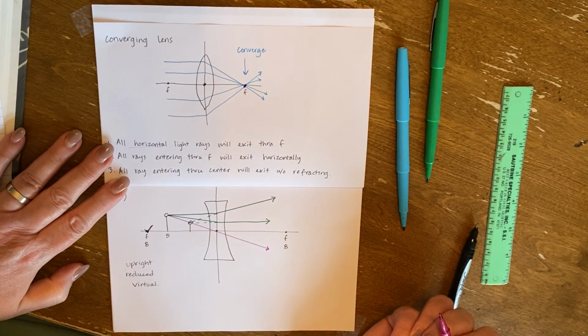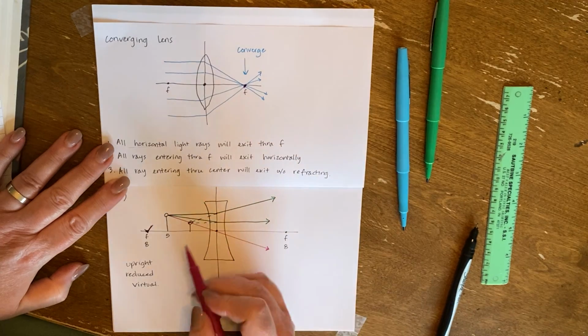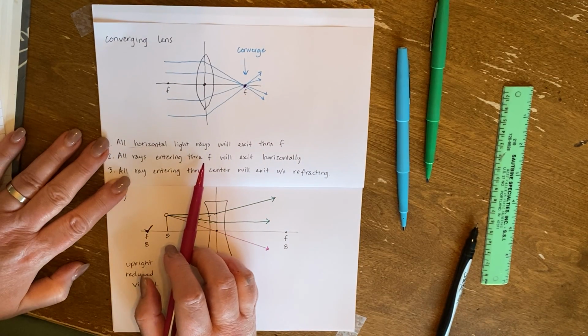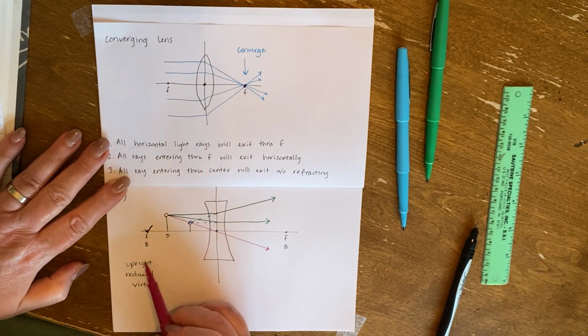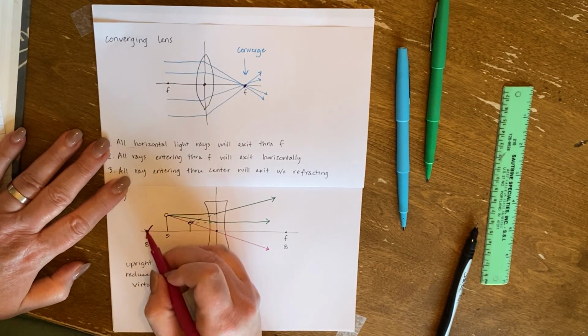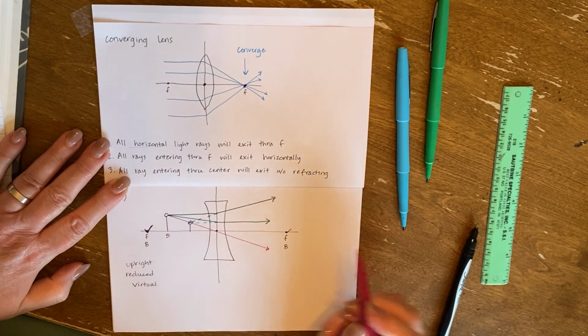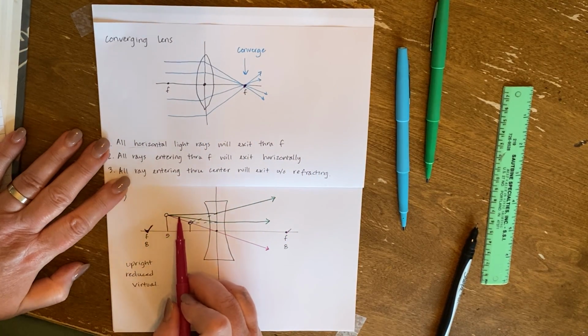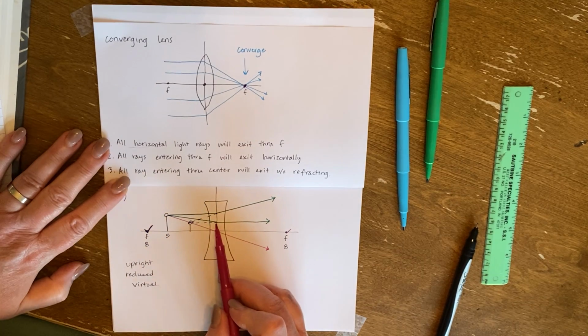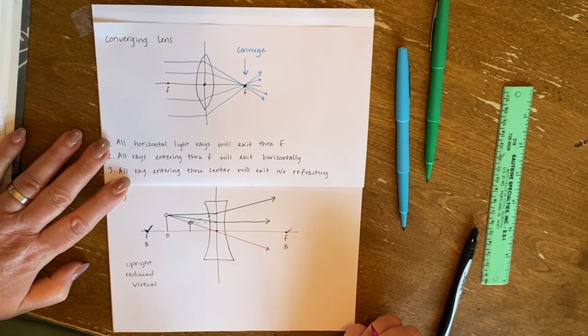They're diverging from each other. The second rule, all rays entering through F will exit horizontally. Okay, when we're talking about a diverging lens, since we've already used this focal point for the first rule, then we're going to use this focal point for the second rule. So go toward the focal point and then it's going to go horizontal.